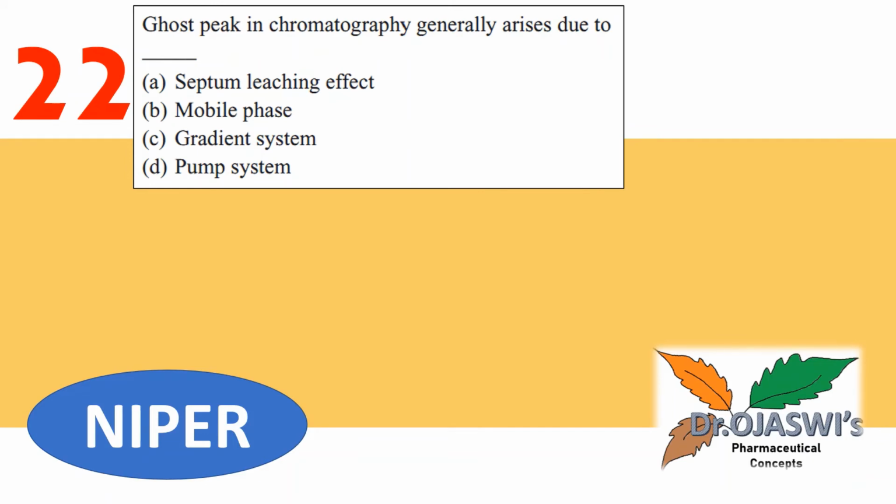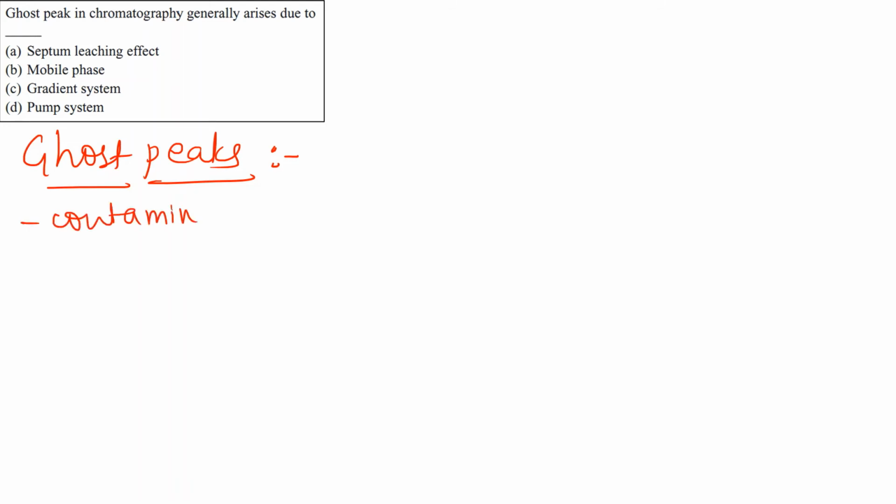Next, ghost peak in chromatography generally arises due to which of the following options? If you ask me what ghost peaks are in chromatography, ghost peaks are the contaminant peaks, peaks which arise due to contamination.